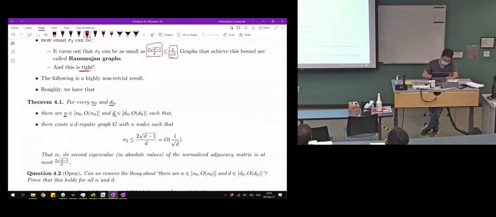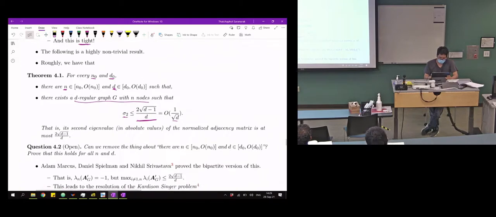So there are n and d such that there exists a d-regular graph with n nodes, and sigma 2 is as small as this thing, 1 over root d.